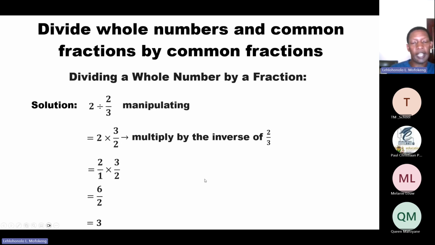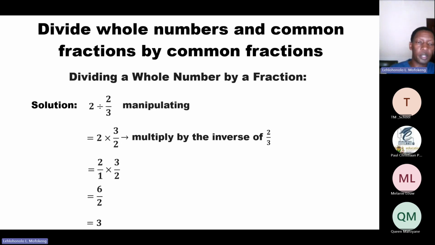And we have shown that we can multiply by the inverse in order to divide fractions. So this is what we are going to do when it comes to the division of fractions. Every time you divide fractions, you must multiply by the inverse of the second fraction.